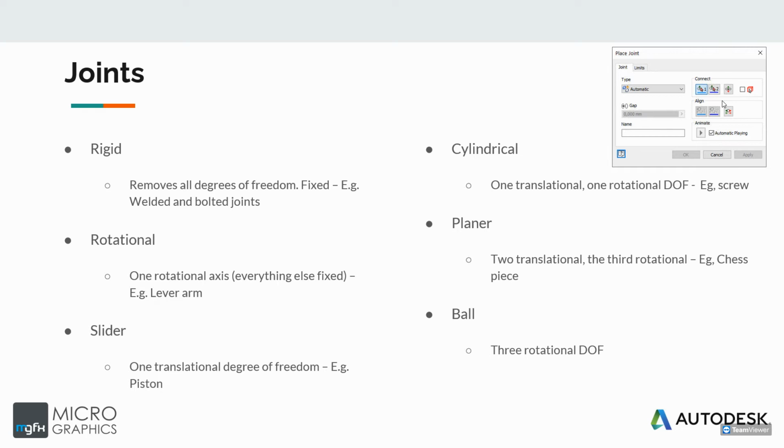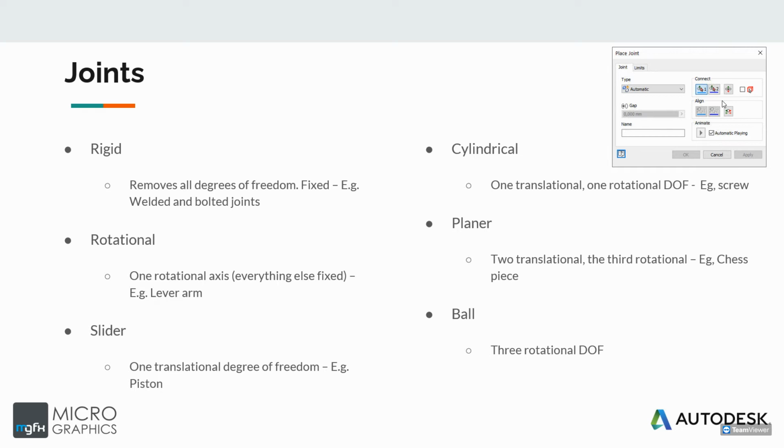Then we have the rotational type of joint, where one of these axes, either X, Y, or Z, will be able to rotate. Everything else will be fixed. So the other 2 axes will not be able to rotate, and it will not be able to slide in any of the 3 axes. Think of a lever arm. It will just be able to rotate in one direction, and that's about it.